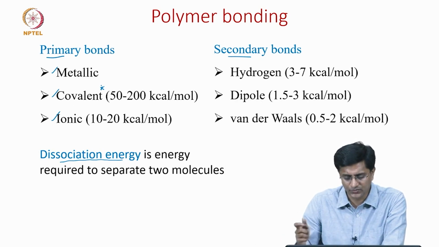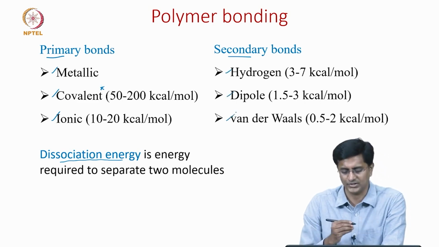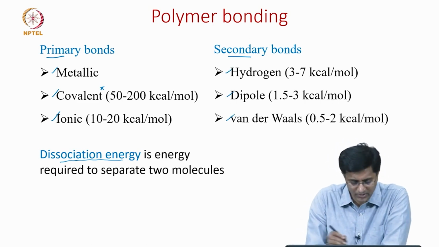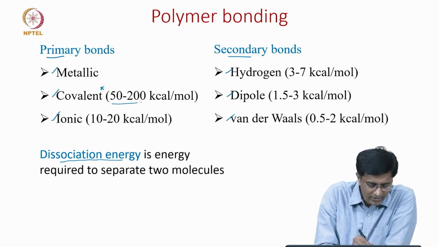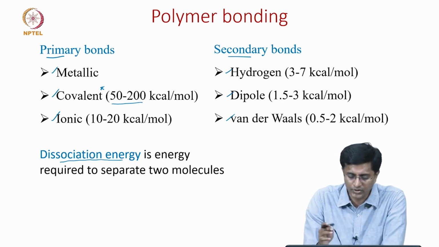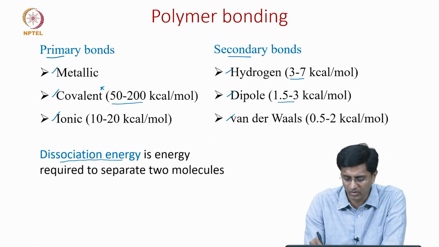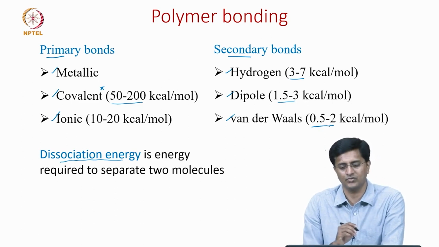Moving to secondary bonds, we have hydrogen bonds, dipole and van der Waals forces. As you notice, the covalent bonds have between 50 to 200 kilocalories per mole, this is the dissociation energy. But when we move to the secondary bonds, this is in the range of 3 to 7 for hydrogen, 1.5 to 3 for dipole, and it is very less, in the order of 0.5 to 2, for van der Waals forces.